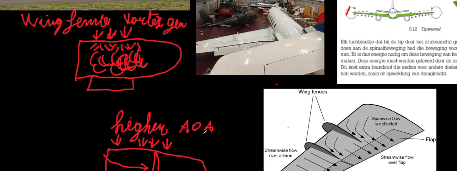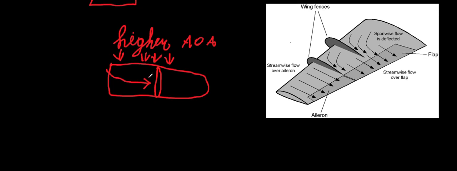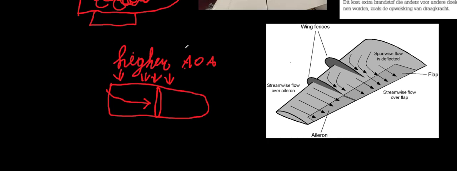So it actually makes sure that at our wingtip, the difference is not as much, not for efficiency, but purely to make sure we have better streamwise flow at the end of our wing, and our wing will stall at a higher angle of attack. So we can actually fly with a lower streamwise flow than we would need without these wing fences.